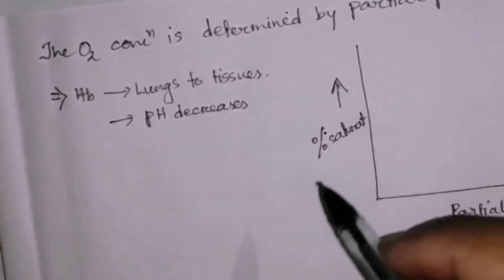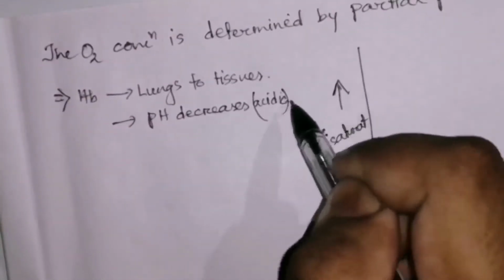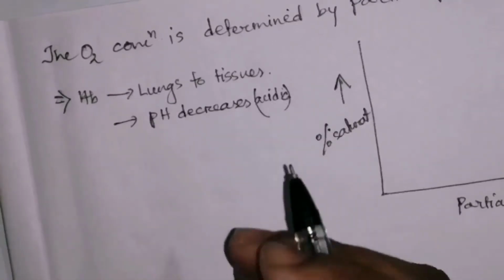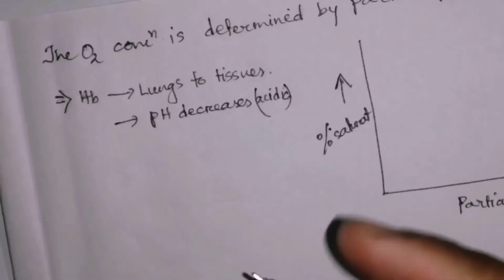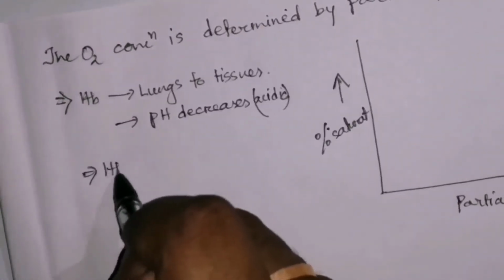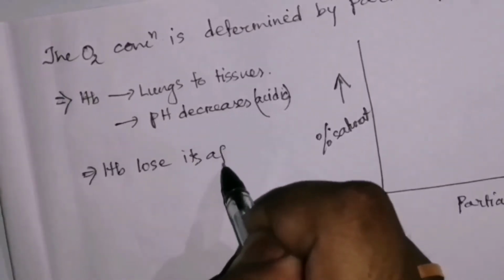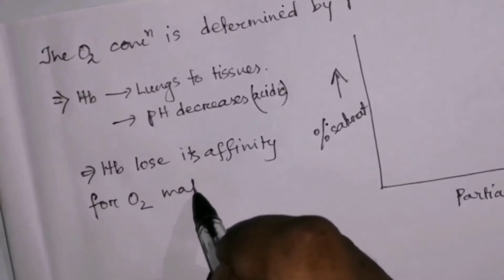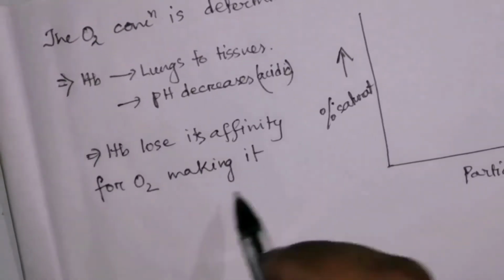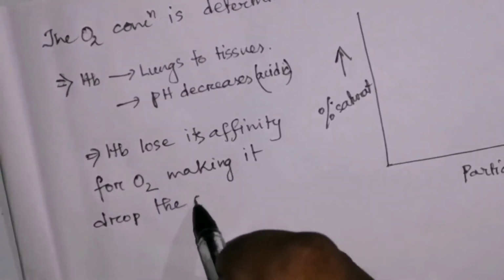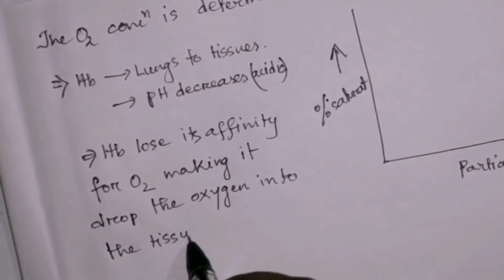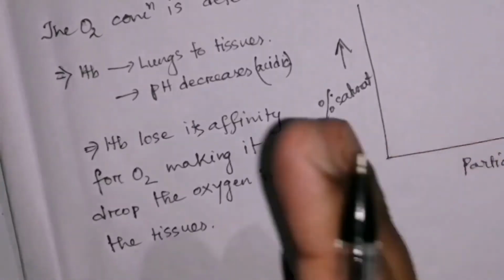That is, it moves to acidic conditions and it reacts with more carbon dioxide, which is simultaneously produced by the tissues as they consume oxygen, and this leads hemoglobin to lose its affinity for oxygen, making it drop the oxygen into the tissues. This is because of the cooperativity effect.